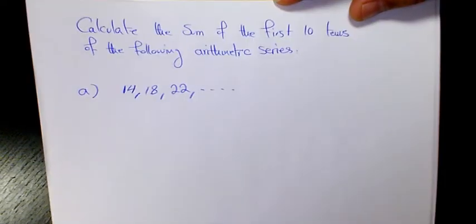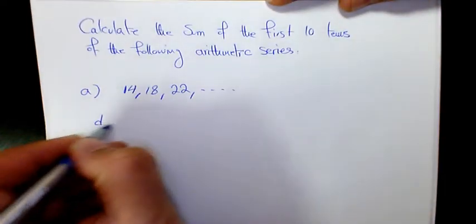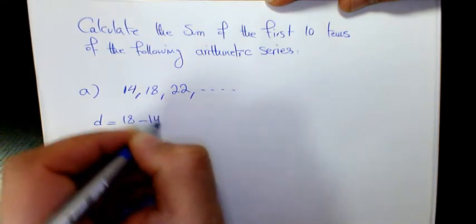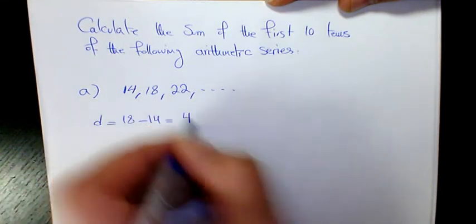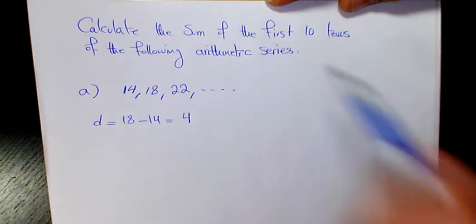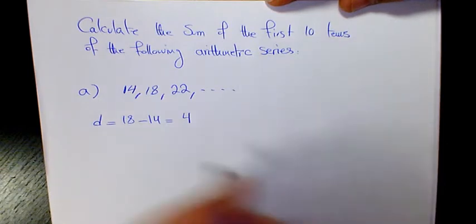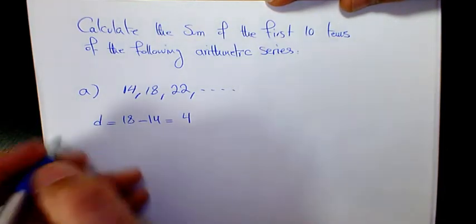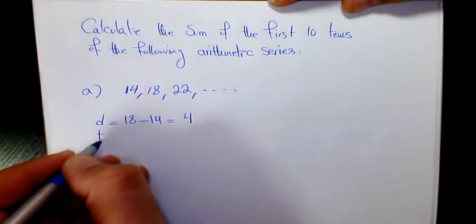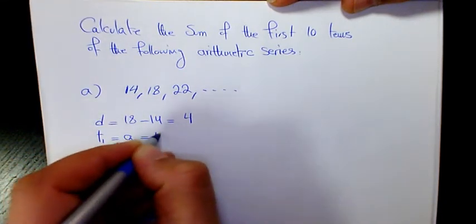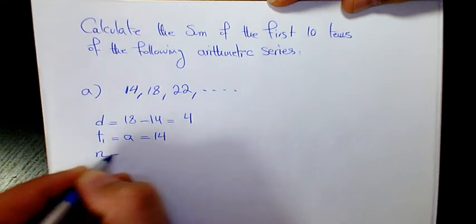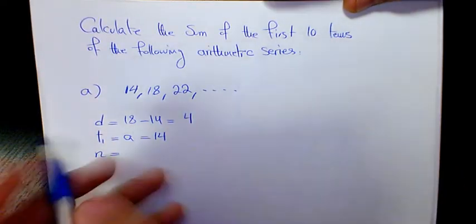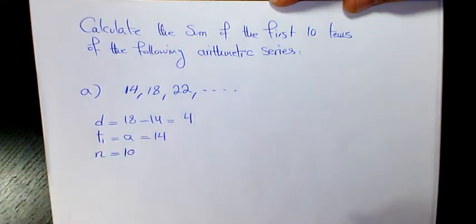So again, we are dealing with an arithmetic series. So 18 minus 14 or 22 minus 18 is 4. We don't need to check all the numbers because this one is already saying that we are dealing with an arithmetic series. So T1 or a is 14, n is 10 because it says the first 10 terms.